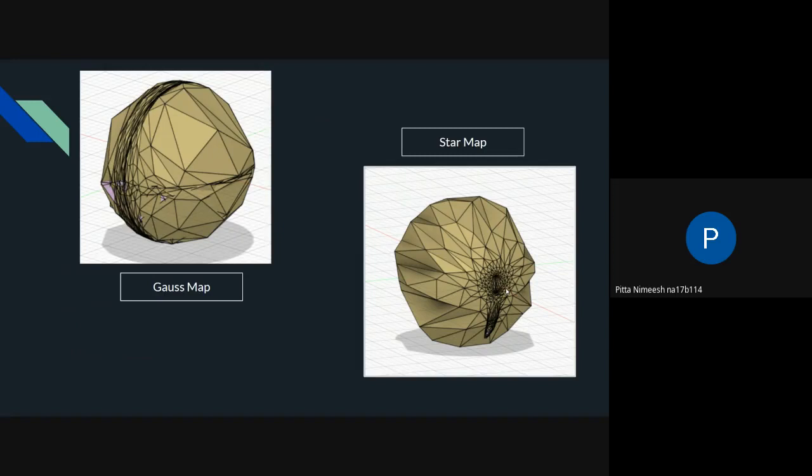And he's trying to minimize that using the harmonic map. He has not even started with the harmonic map, but what is the starting point of that map? One is Gauss map, which he's taking. The other is star map, and he's saying that the star map is resulting in a better result when the algorithm is applied as compared to the Gauss map.